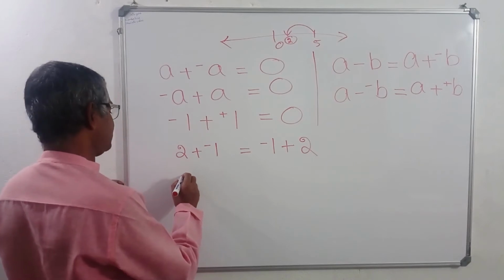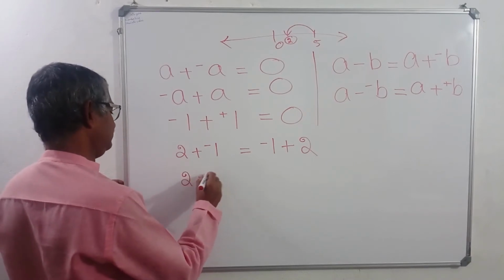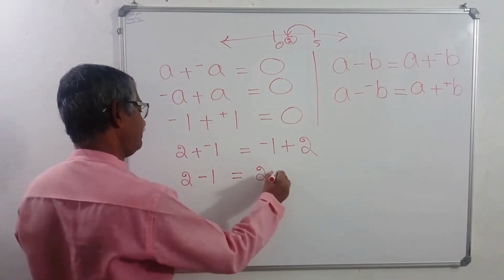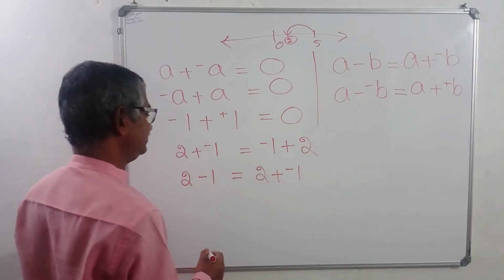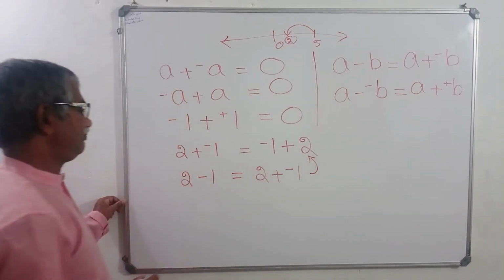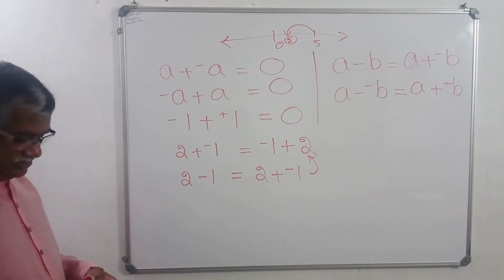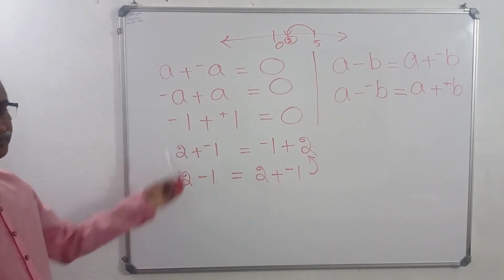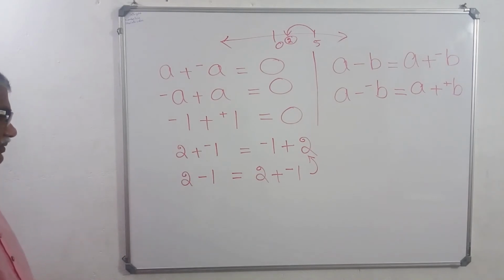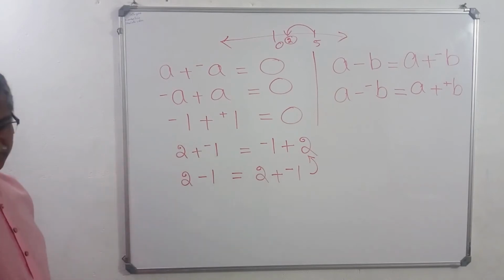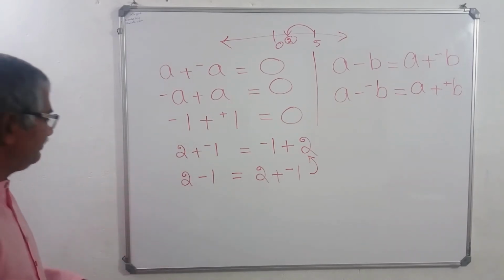Again, we can say 2 minus 1, which is equal to 2 plus negative 1, is also equal to negative 1 plus 2. If considering addition, we can interchange the numbers, no problem. We can change the order, we can commute the numbers. But in subtraction, we cannot do that.